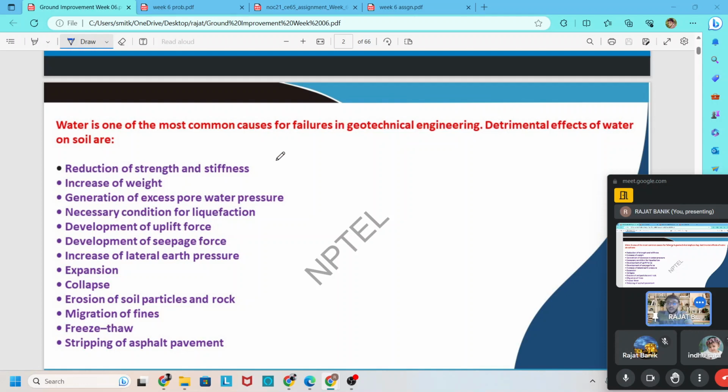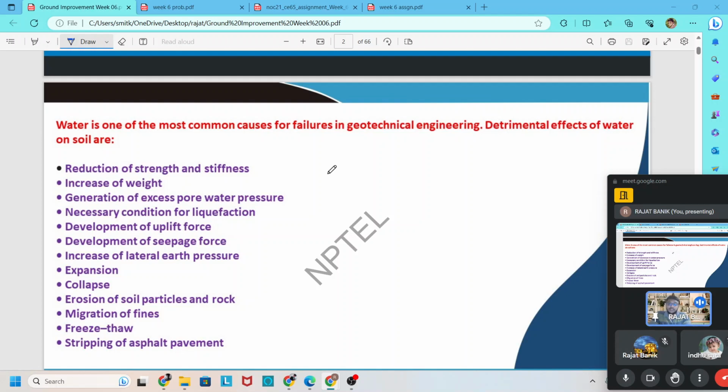Reduction of strength and stiffness means that if the groundwater table is very close to the ground surface, there may be an increase of pore water pressure. Due to this pore water pressure, effective stress is reduced.